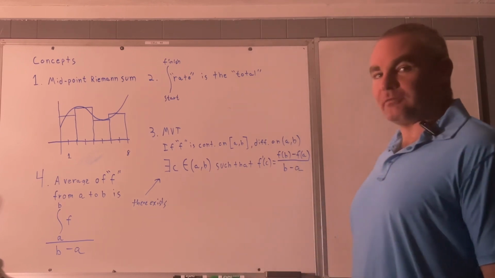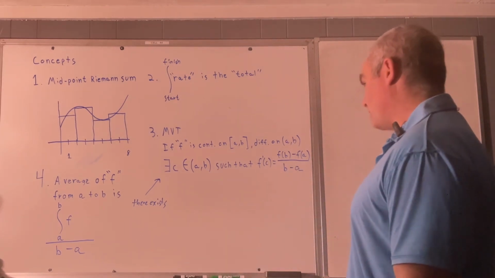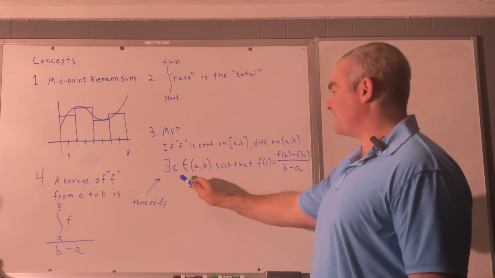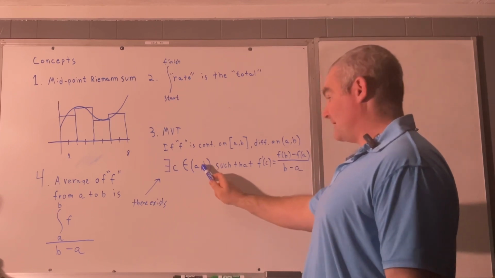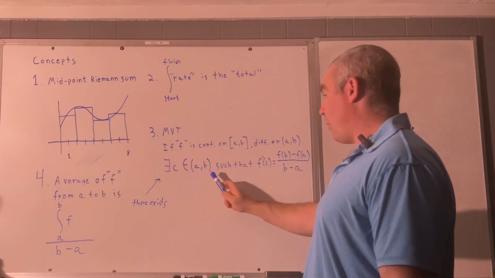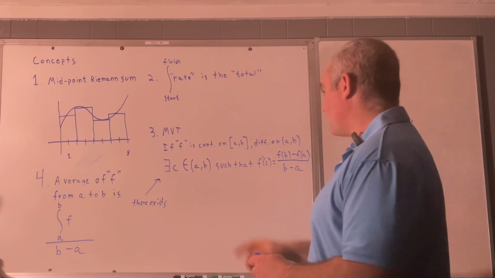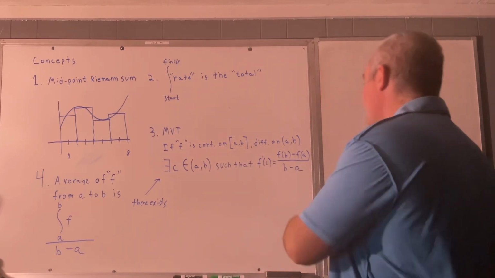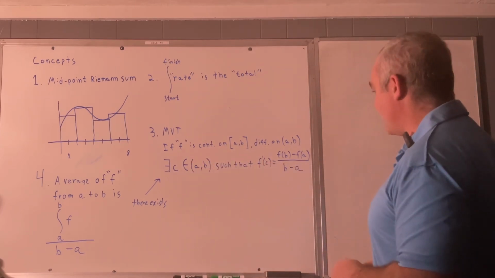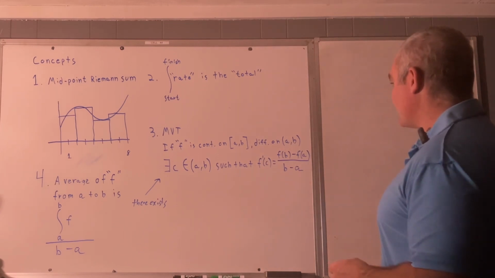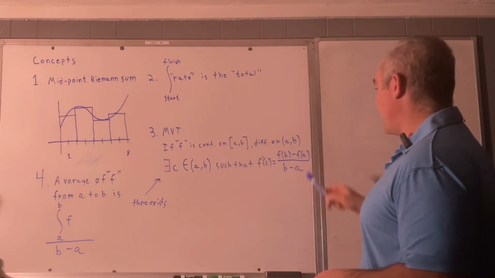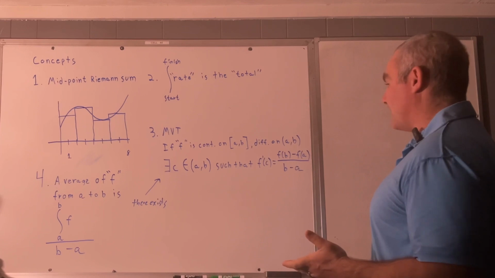Our open interval is 0 to 24. So there exists some c from 0 to 24, non-inclusive, of course, this is an open interval, such that f prime of c is equal to f of b minus f of a over b minus a. Let's just plug in our values.